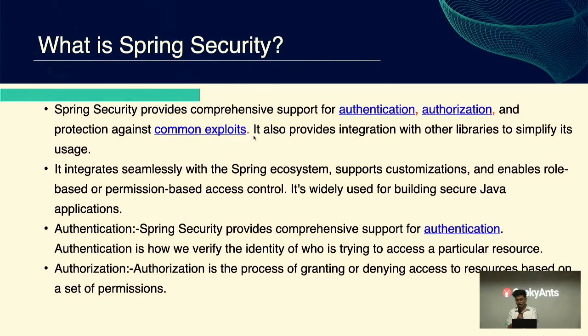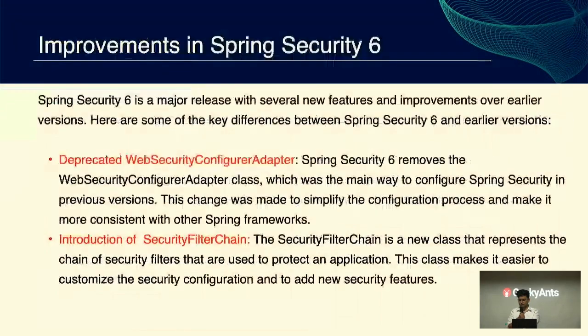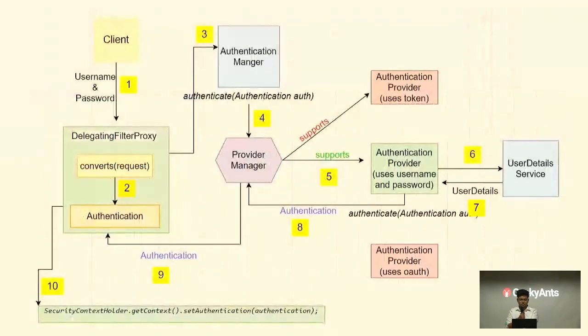Going further, we'll see the Spring Security architecture, how it works and how it is implemented in the Spring Security environment. So this is a diagram. We'll be seeing this security implementation with respect to the backend server, when a request hits our backend API.